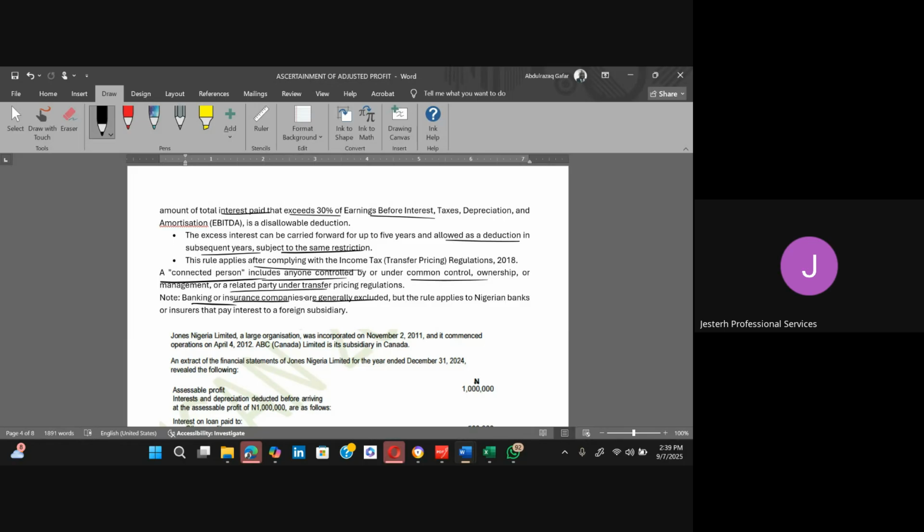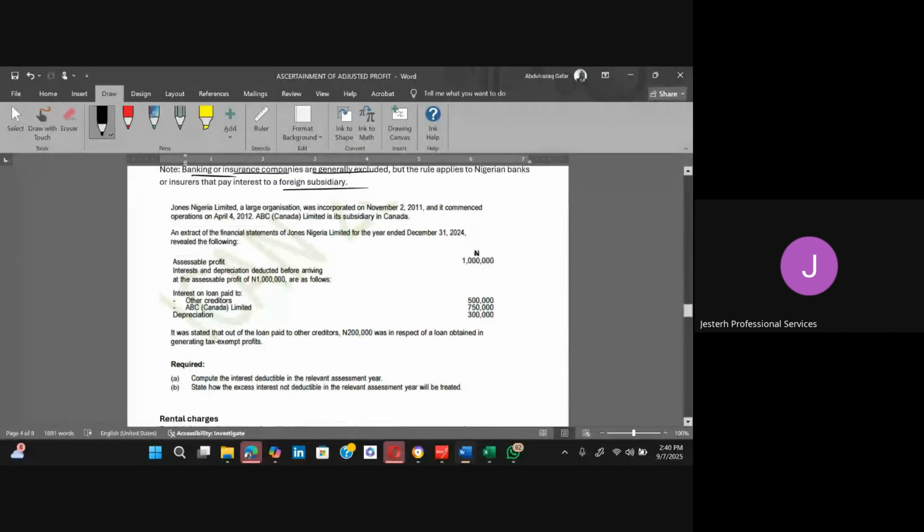But if a Nigerian bank or insurance company pays interest to a foreign subsidiary, for example ABC Nigeria Bank is now paying interest to XYZ Canada Bank, but they are under the same common control, such a bank will also need to restrict its own interest expense too.